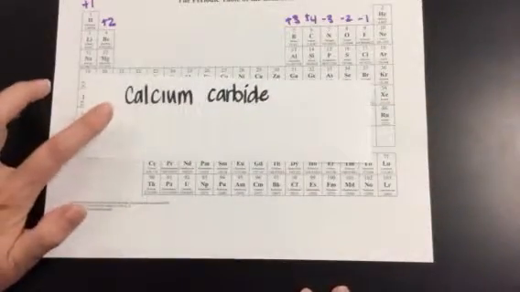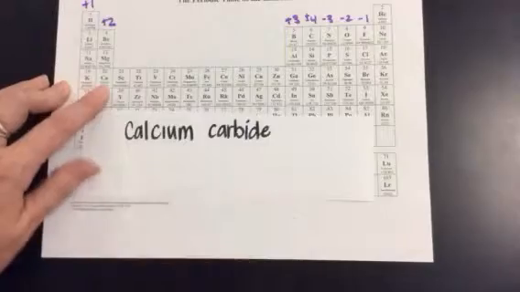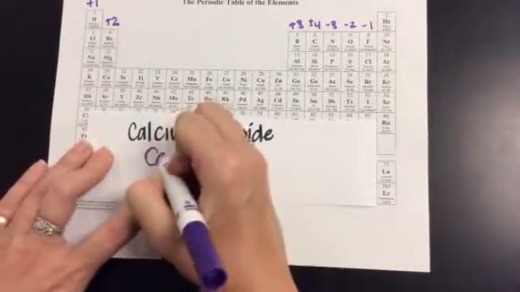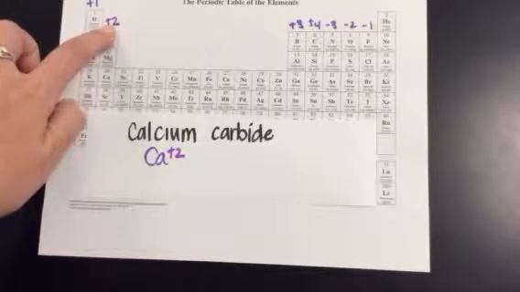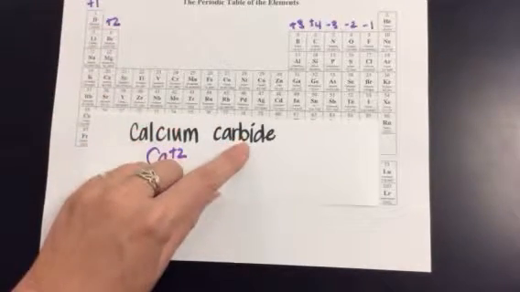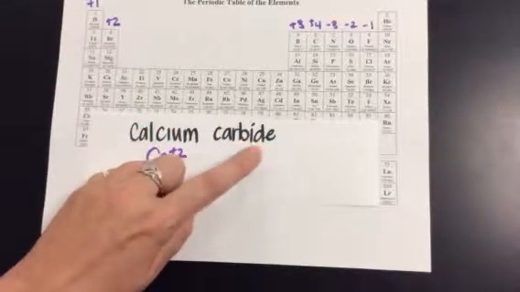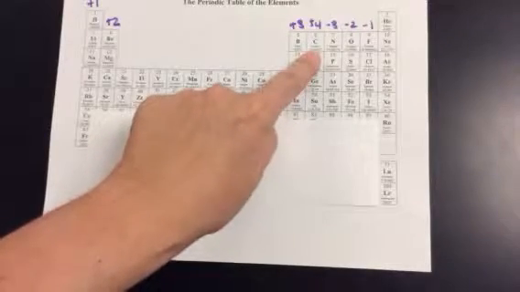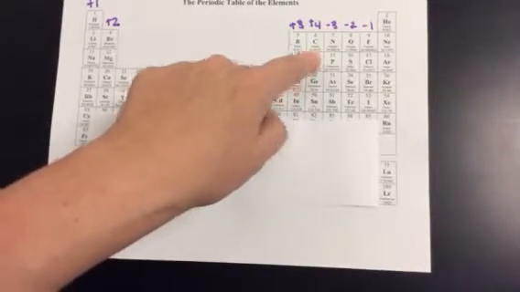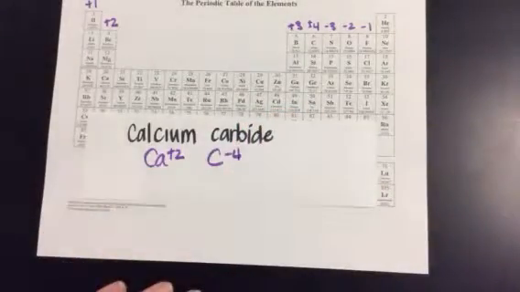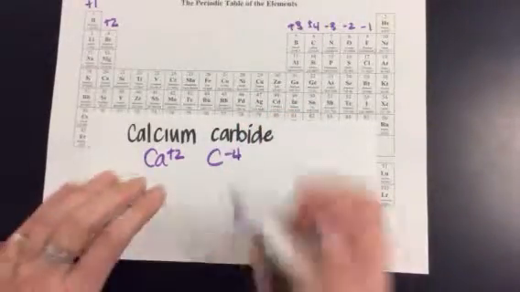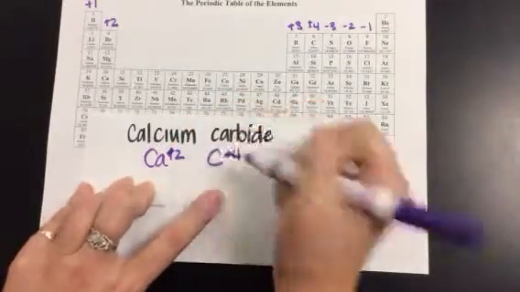Now to do another one, this one is called calcium carbide. Calcium, for your metal, lives in group number 2 right here. You have Ca +2, because all of group 2 have a +2 oxidation number. Carbide, IDE, it is carbon on the periodic table. Carbon's a nonmetal, so it has a -4 charge. So we're going to swap and drop with that one. My plus and my minus disappear.